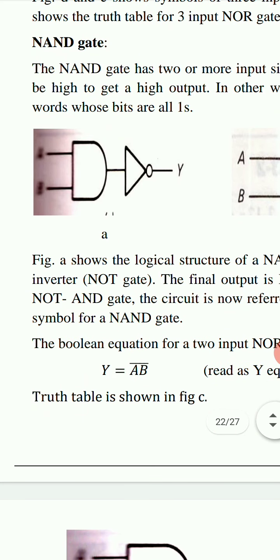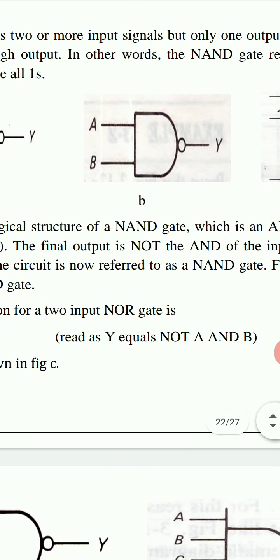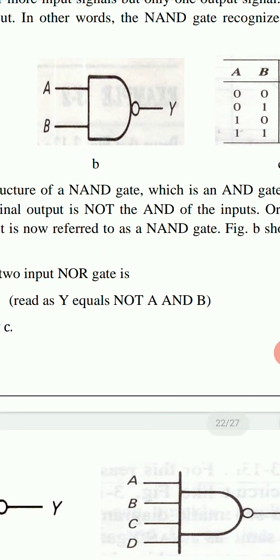Similarly, we have the NAND gate. In the NAND gate, we have an AND gate followed by a NOT gate, and this is represented by this diagram. A NAND gate symbol and a bubble is formed to represent a NOT gate. So its output Y is (A dot B) bar.